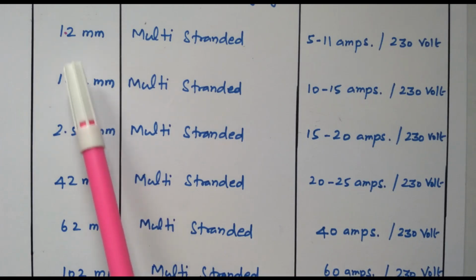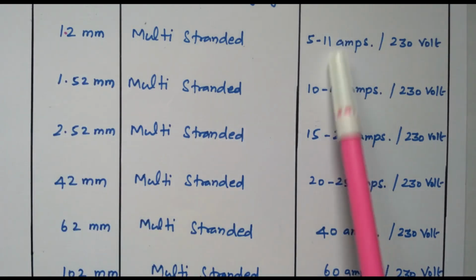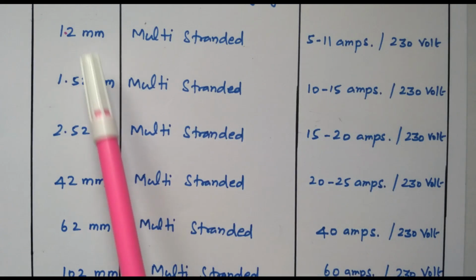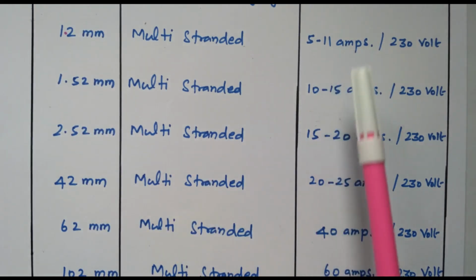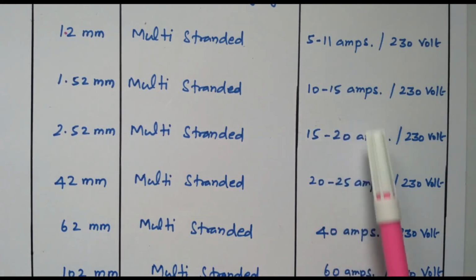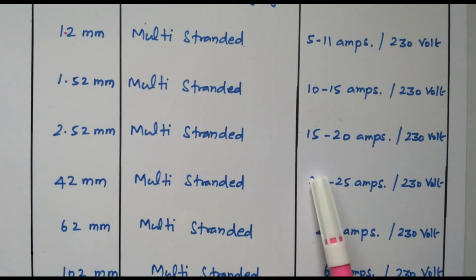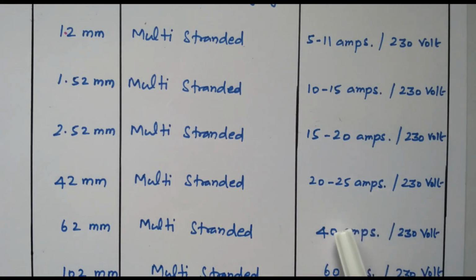So starting from 1.2, these are the standard sizes of conductors available in the market. According to our requirement, we can choose any one of these conductors. Whether we need up to 11 amperes, 15 amperes maximum, 20 ampere, 25 ampere or 40 ampere, we can choose based on the maximum current carried by these conductors.